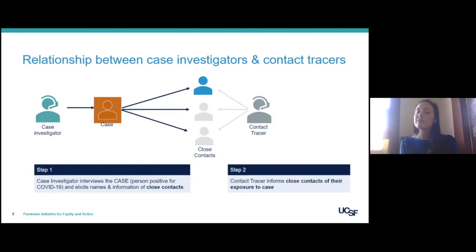For those of you who've never done case investigation, one tip that I like to give is that when you're talking with a case, you need to have them have a clear memory of what was happening the 2 days prior to their symptoms or the 2 days prior to their specimen collection.